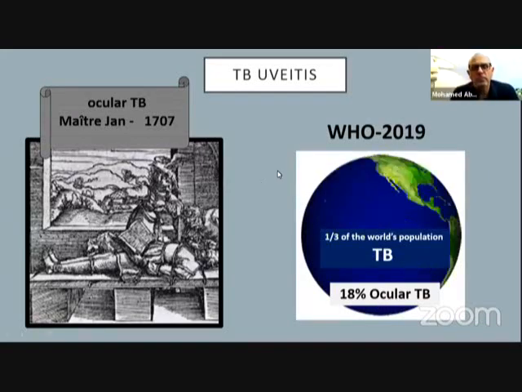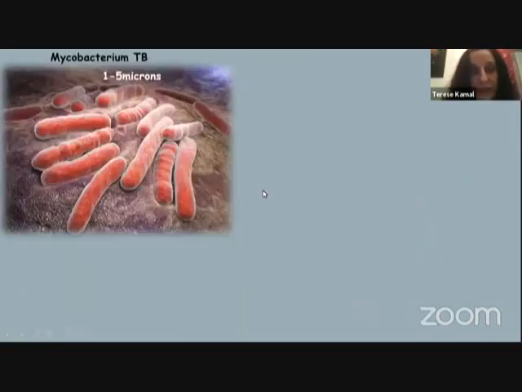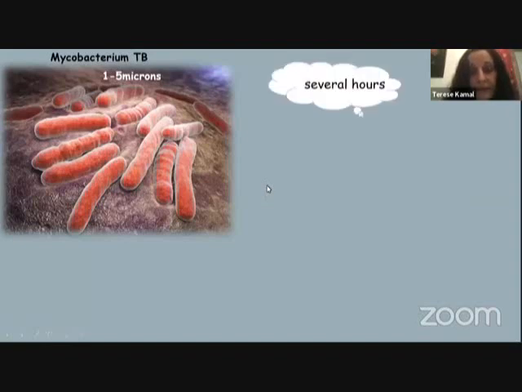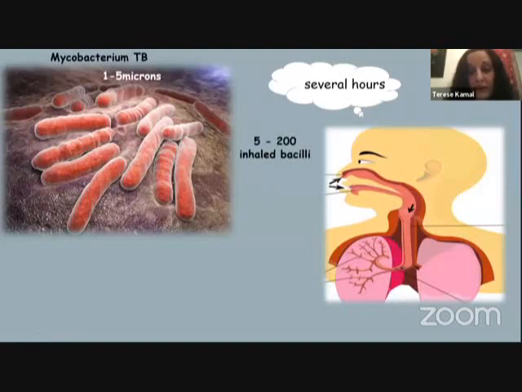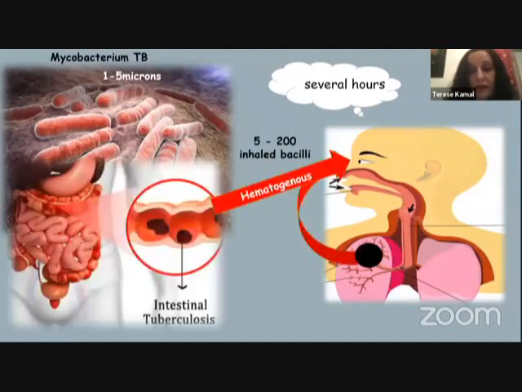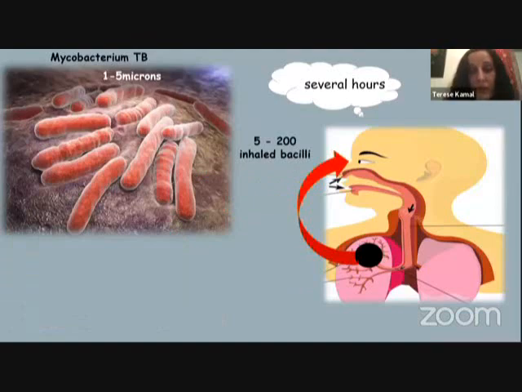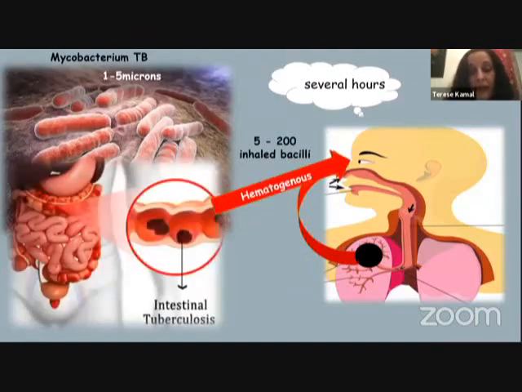Okay. So the problem with ocular TB is the actual bacilli. The bacilli is about 1 to 5 microns. The main problem with the bacilli is that it remains suspended in the air for several hours, and it only takes about 5 to 200 inhaled bacilli to cause an infectious focus in the lungs, which spreads to the eye through hematogenous spread, or it might spread from other extrapulmonary sites, such as the intestine, to the eye also through hematogenous spread.